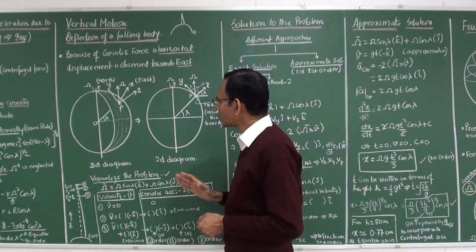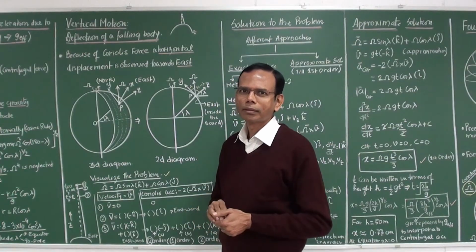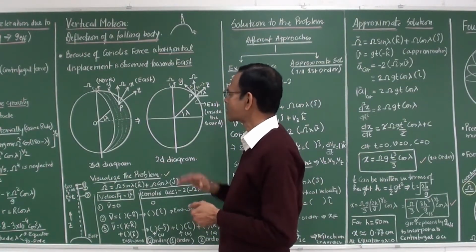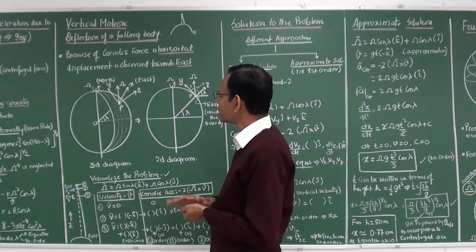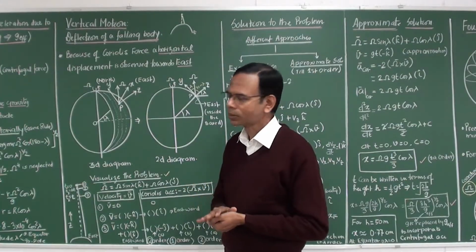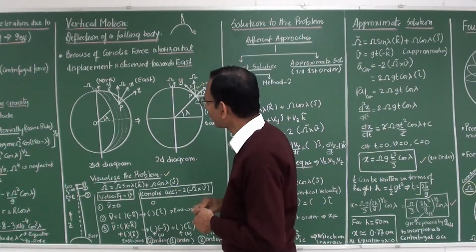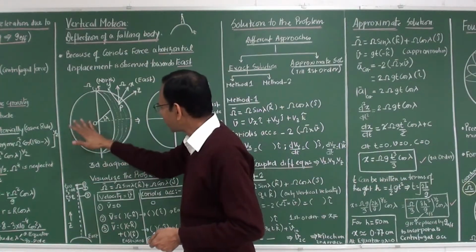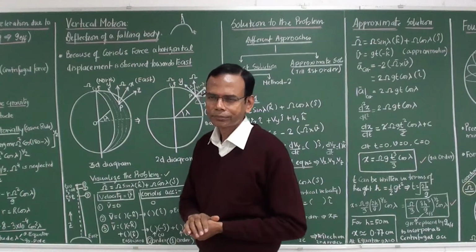Now here we have to understand the coordinate system, because this is very, very important. And unless you understand this coordinate system, it's very difficult, because this is a little bit difficult problem. So this is the diagram of the earth, a 3D diagram.